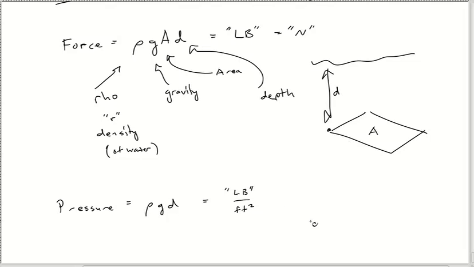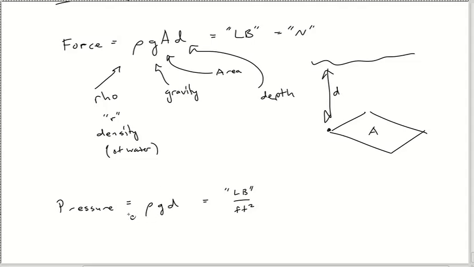Like you're diving down deep in water and you say, oh man, the pressure is really high down here. That's true, but that pressure is applied to, say, your eardrum, which would be some surface area accordingly. And that's what that force would be on your ear.